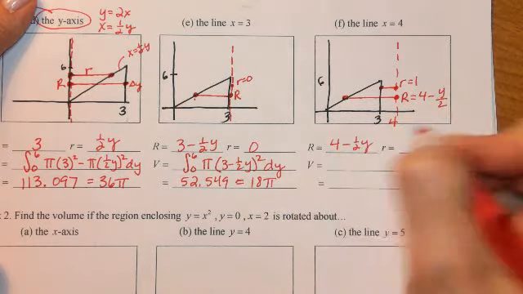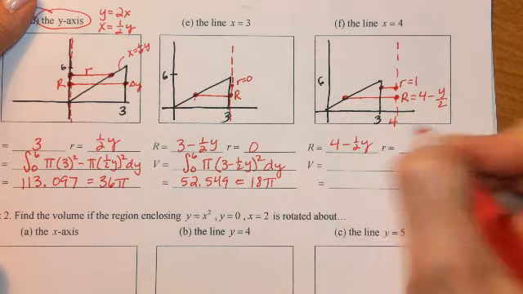Okay, moving right along on a roll here. Same region. This time we're going to revolve it around the y-axis, which is, of course, vertical. Vertical, so therefore, let's go get a delta y.